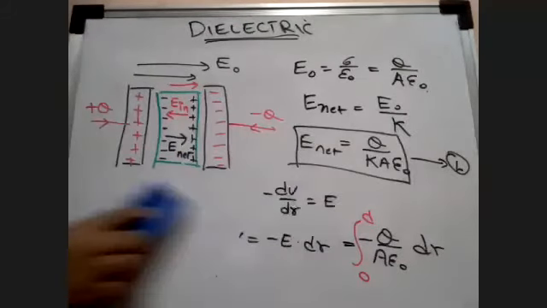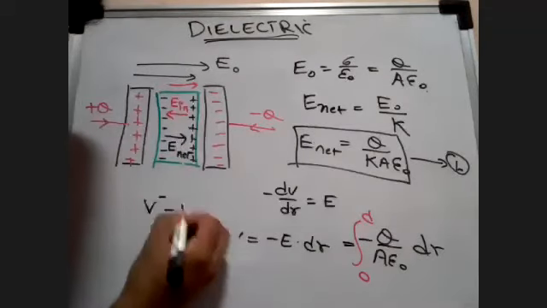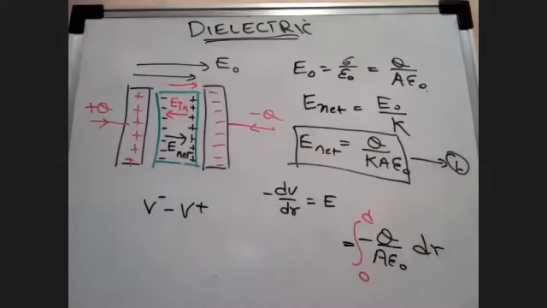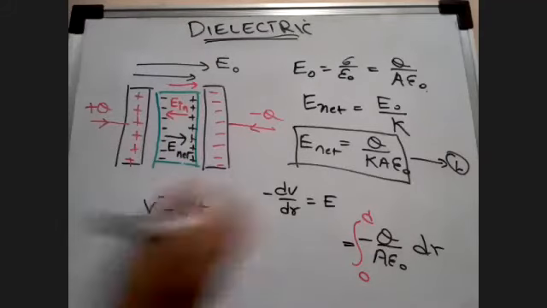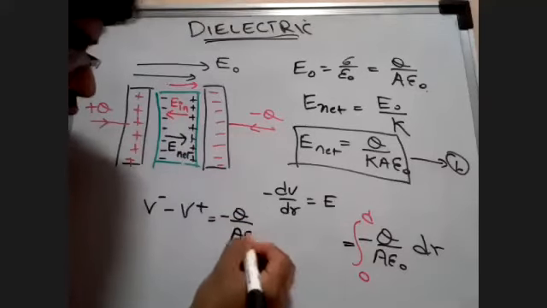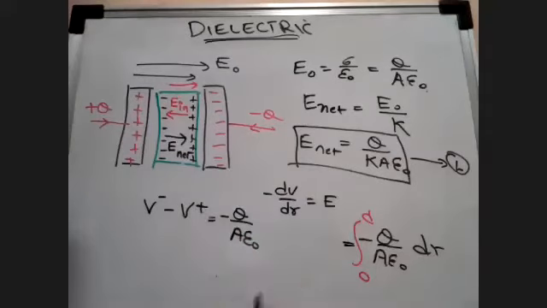It is going to be V minus of minus V plus. I solved the integral: the integral of dV is V, and the limits give V minus minus V plus, which is equal to minus Q upon A epsilon naught dr. So minus Q upon A epsilon naught, and if you integrate dr you get r, and you put the limit, it's going to be d.